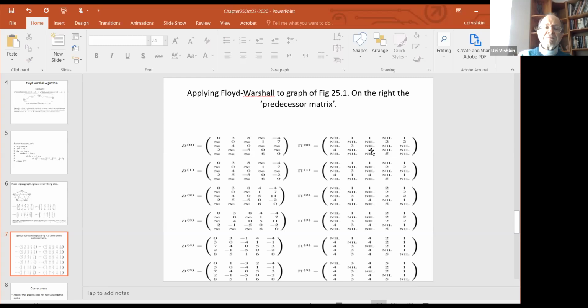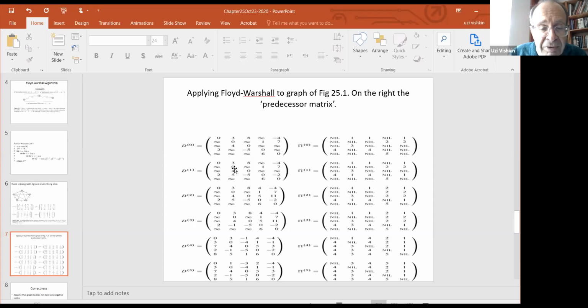Okay, so bear with me. So now what's going on here? Let's look at D1. So what happens in D1? In D1, where can I make a stop? I can make a stop at vertex 1, right? So let's see what has changed here.